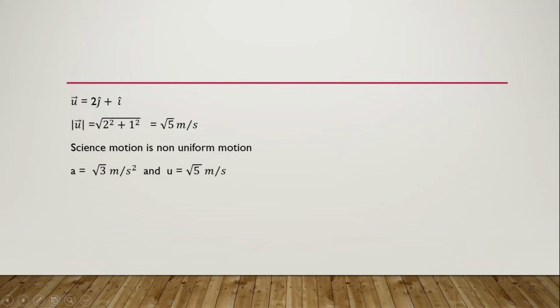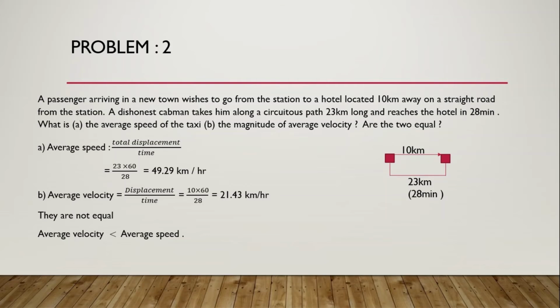So let us discuss some more problems. The next problem: a passenger arriving in a new town wishes to go from a station to a hotel located 10 km away on a straight road from the station. A dishonest cabman takes him along a circuitous path 23 km long and reaches the hotel in 28 minutes.